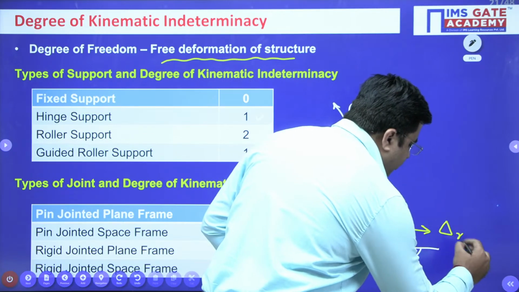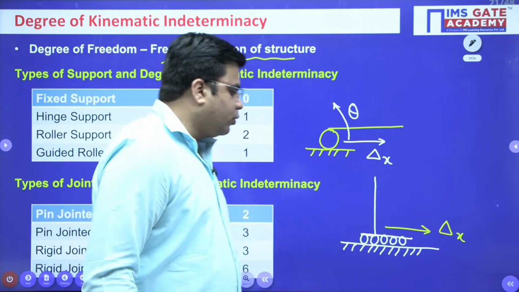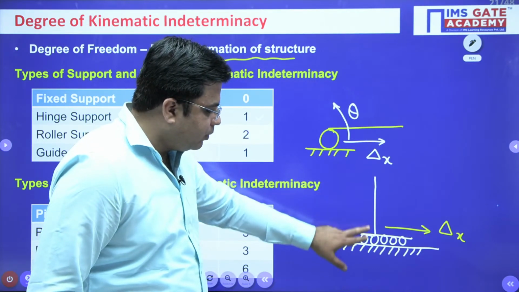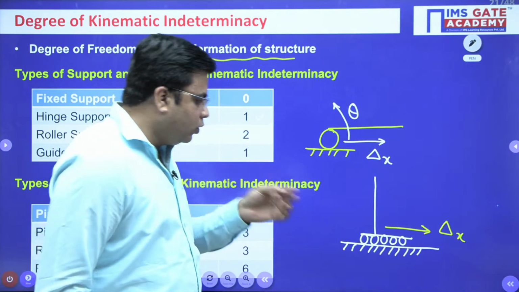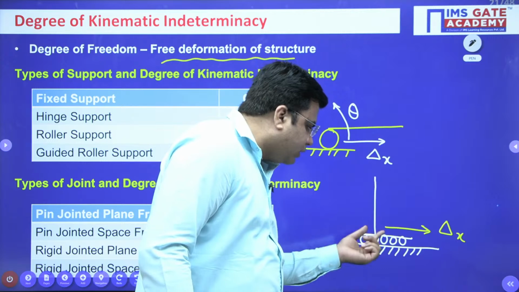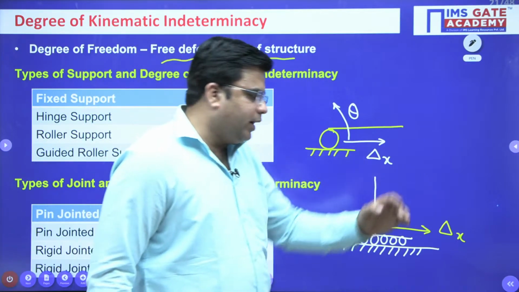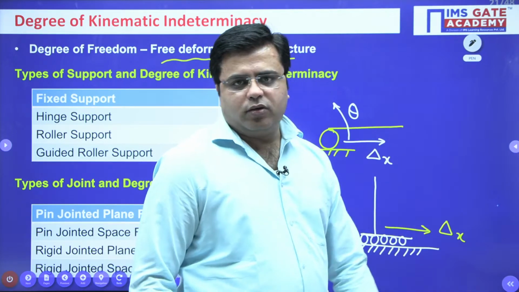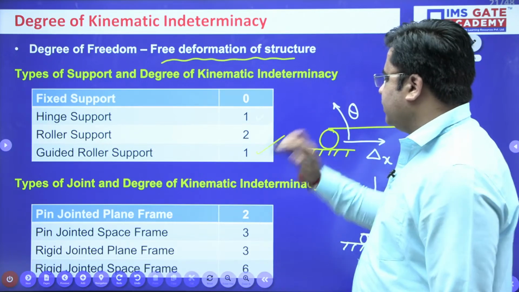This guided roller support provides the additional reaction with the moment that is applied over this member. So there is no rotational movement possible. There can be only one movement, that is along the surface. Hence, the degree of freedom for a guided roller support is 1.